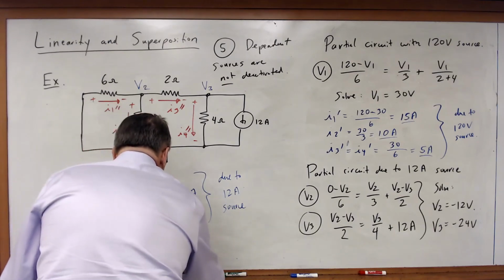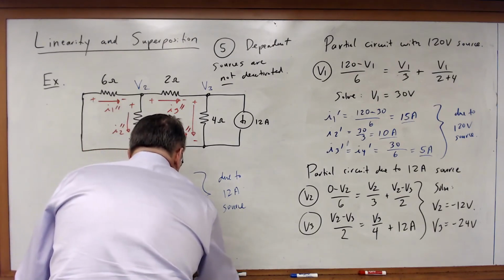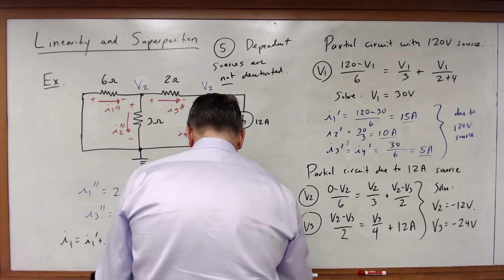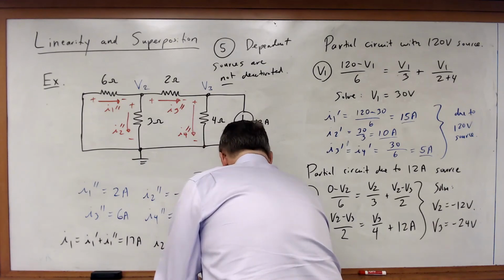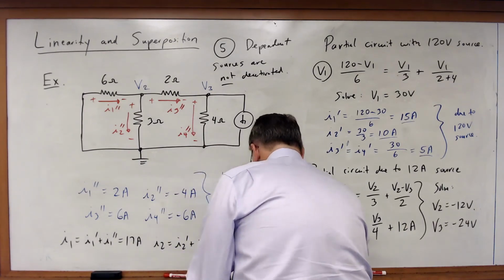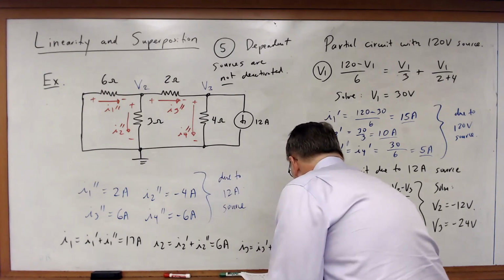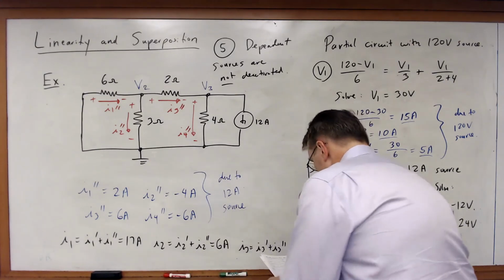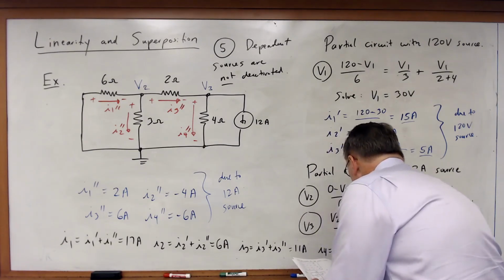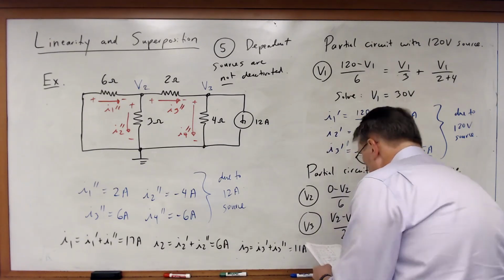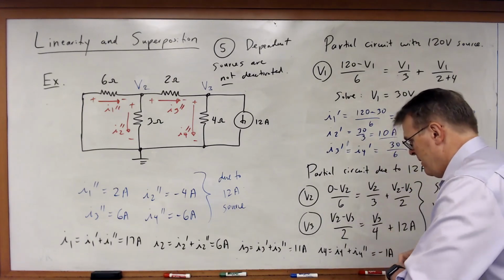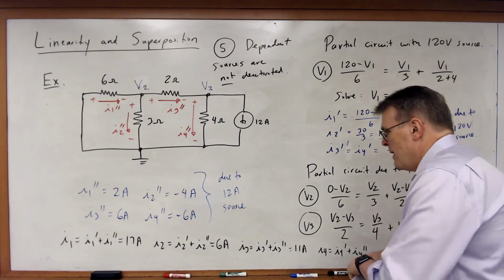I2 is equal to I2 prime plus I2 double prime is equal to 6 amps. I3 is equal to I3 prime plus I3 double prime is equal to 11 amps. And I4 is equal to I4 prime plus I4 double prime is equal to minus 1 amp. And that is my answer.